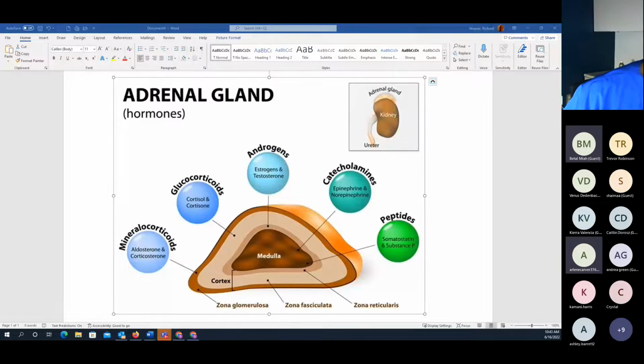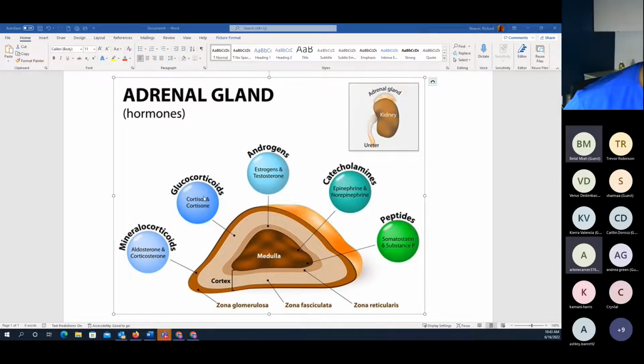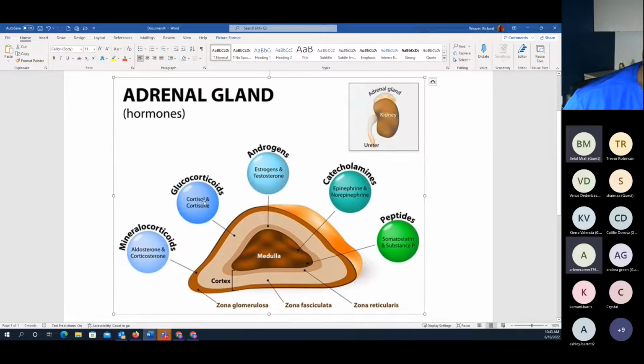So if we're talking about Cushing's, this is hypersecretion. And so we're producing a lot of this, right? Glucocorticoids. So what do you think your glucose levels are going to look like? All right.